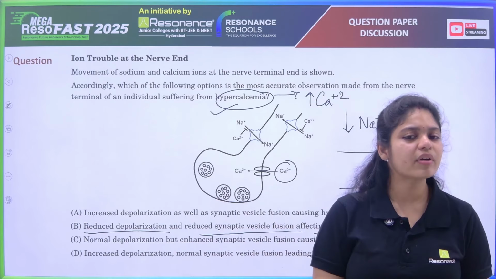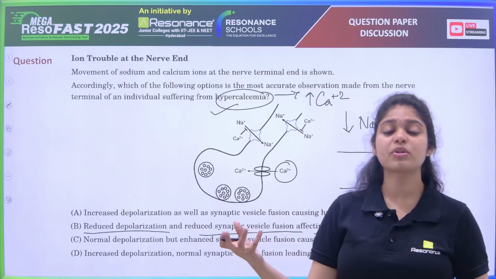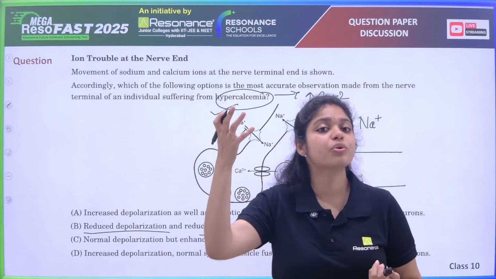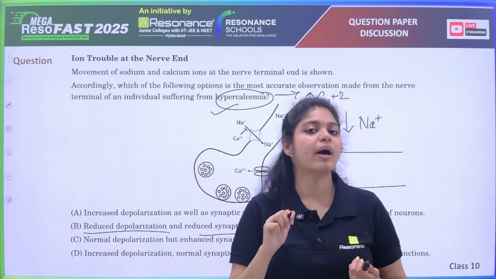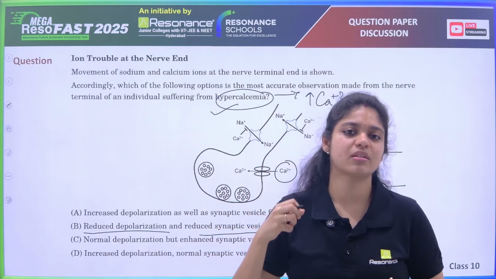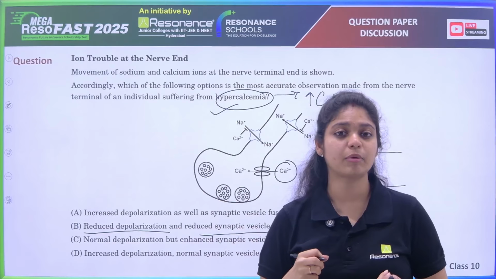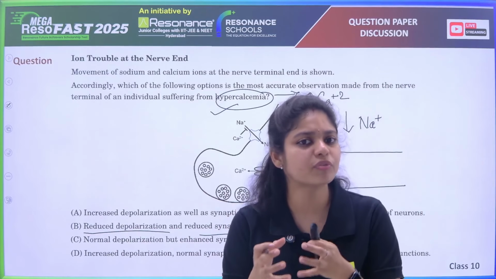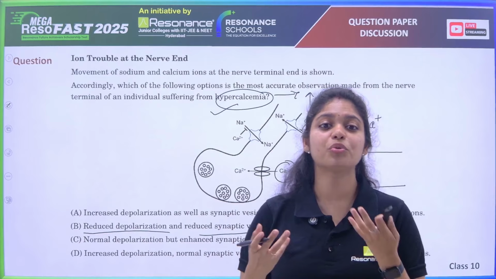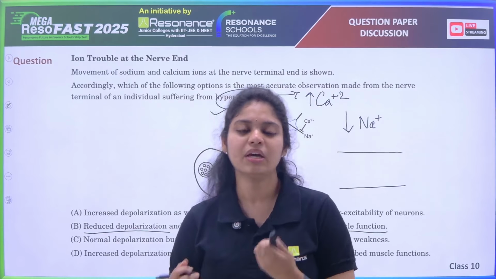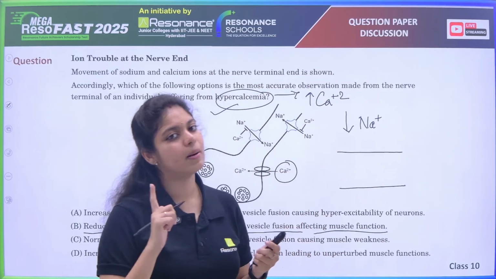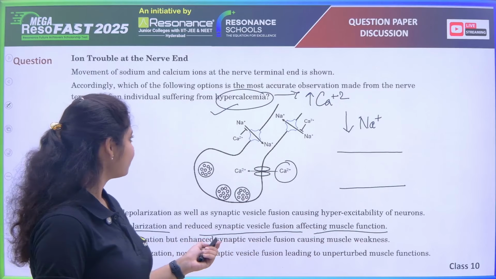When the depolarization is decreased, Ca2+ will not get the threshold stimulus which is required for the movement of the synaptic vesicles. When the movement of the synaptic vesicles does not take place, there will be no fusion of the synaptic vesicles. So the neurotransmitters will not be released, which will affect the muscle function.